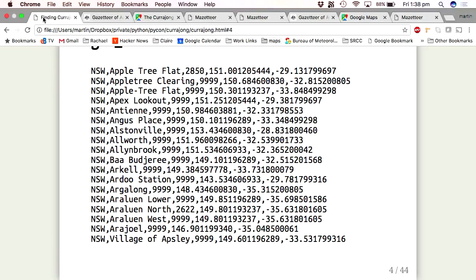So I got a file of about 80,000 place names as CSV. So all the examples we look at, we'll be trawling through this file of 80,000 names and looking for, in this case, Currajong. And what we'll hope to see is Currajong with a K plus maybe some other forms.